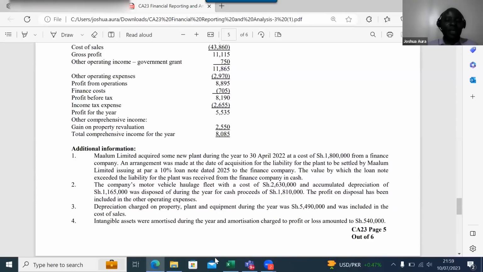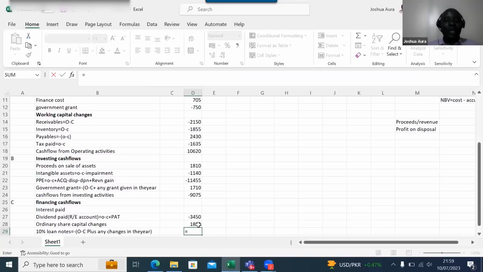So you say 5250 equals a negative first, open brackets, 5250 minus 8250 plus 1,800, since some loan notes were issued worth 1,800. Then you close your brackets.